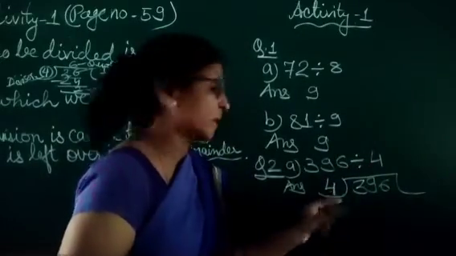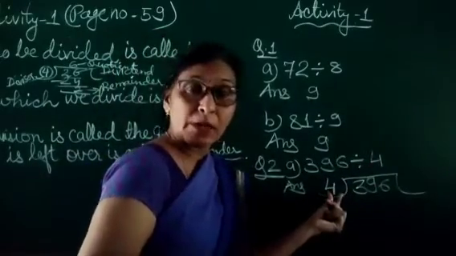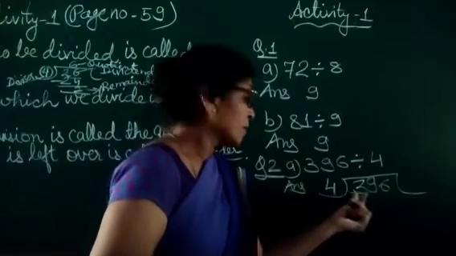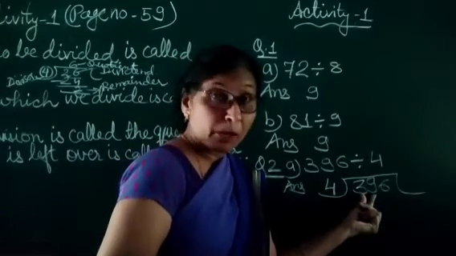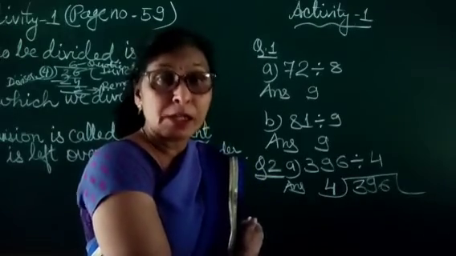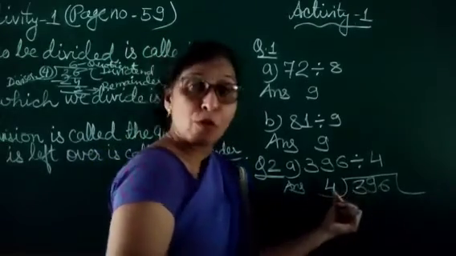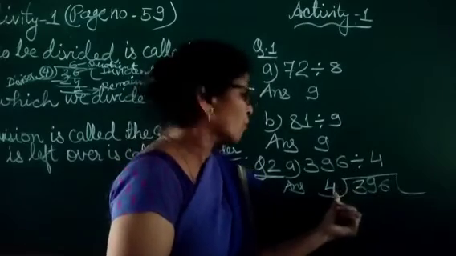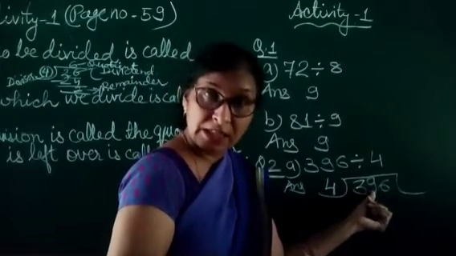So we write it here. Now we tell the table of 4, because we know that in the table of 4, 39 does not come. So we see the nearest to this number. 4 8s are 32, 4 9s are 36.